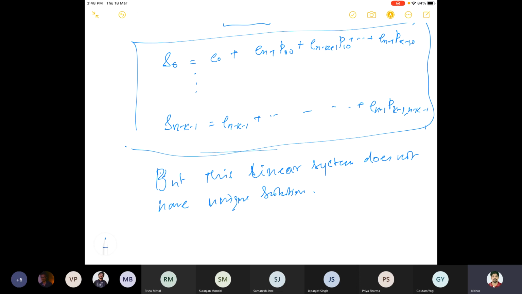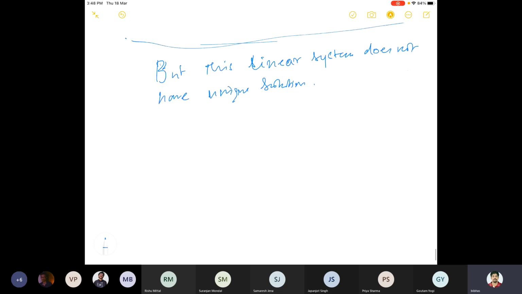So we have to find some other way out. For that, we'll use what we discussed last day, which is called the weight, the minimum weight of a code. The minimum weight of a code is the number of non-zero bits in a code word, the minimum number of non-zero digits in the vector.